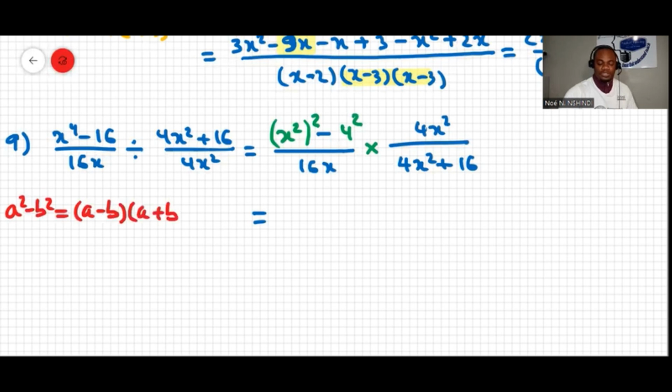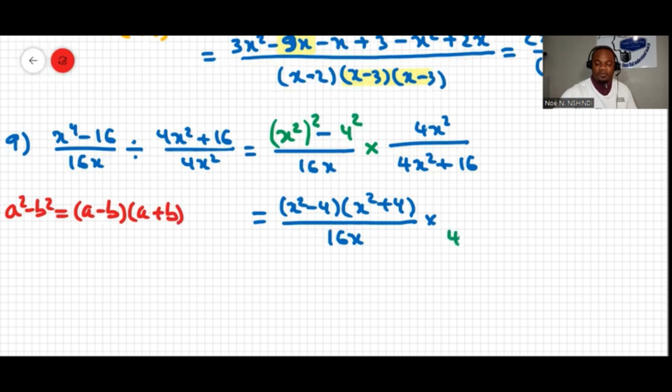So the numerator is going to be x squared minus 4 times x squared plus 4, all over 16x, multiplied by, at the denominator, we can take 4 out as a common factor. That makes x squared plus 4 under 4x squared.